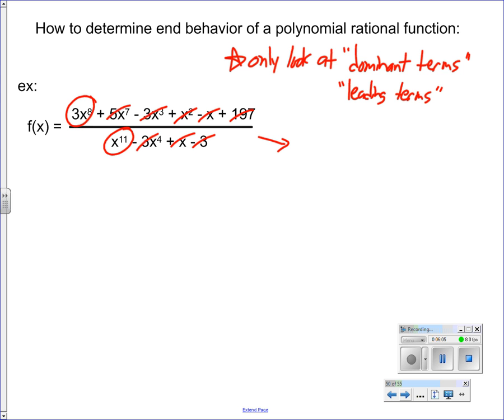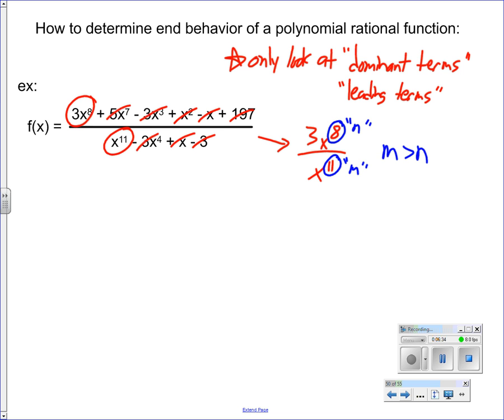So to find the end behavior for this function, we're really just looking at the dominant terms, 3x to the 8th over x to the 11th. And then from that, we're looking at which powers are greater. So the top function has a degree of 8. That's what we're calling n. The bottom polynomial function has a degree of 11, m. So m is greater than n here, meaning the bottom will grow faster than the top.